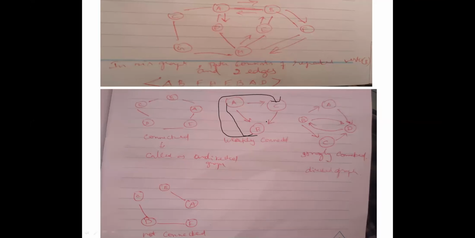Even though it is connected, some possible connections are not there. That's why it is called a weakly connected graph. And this is a not connected graph. These are two disconnected parts of a graph. This is one part and this is another part. This is what we call a not connected graph.